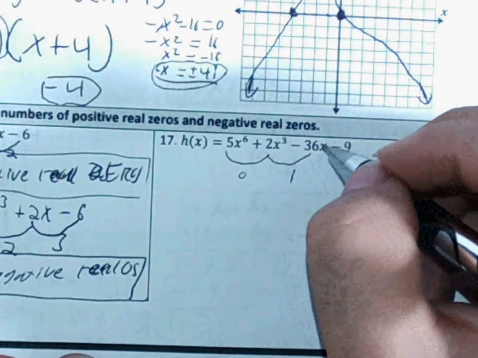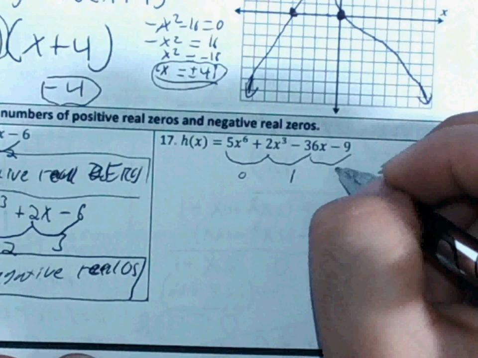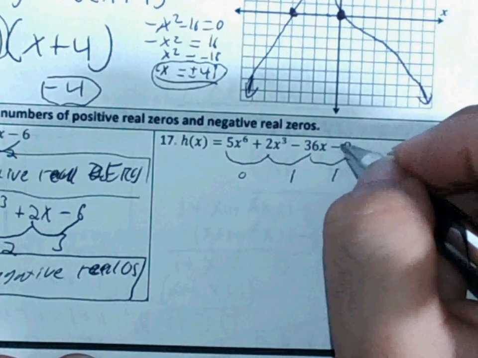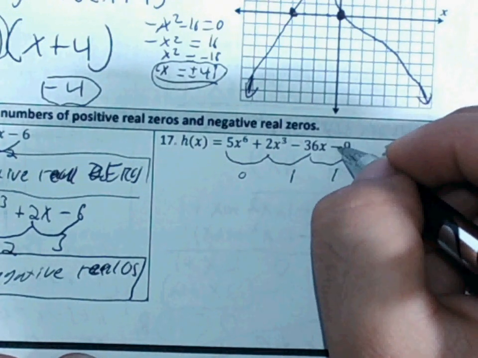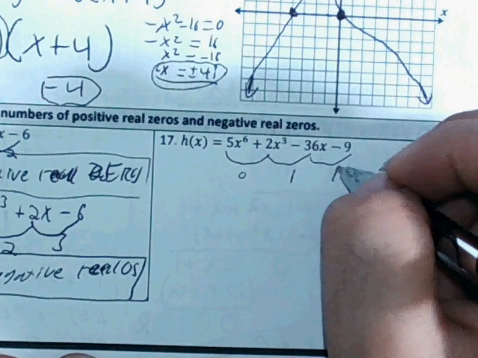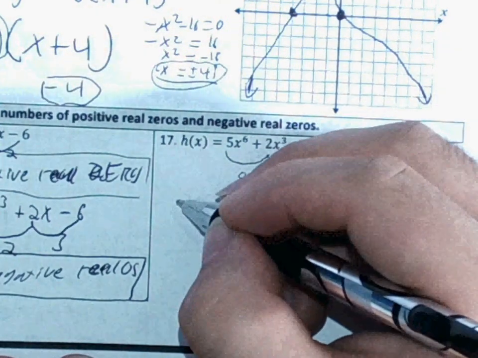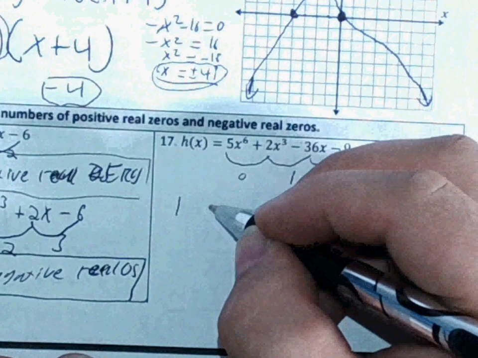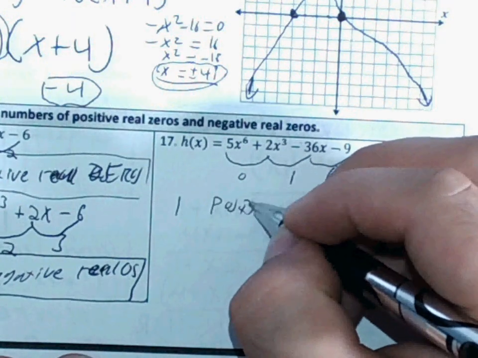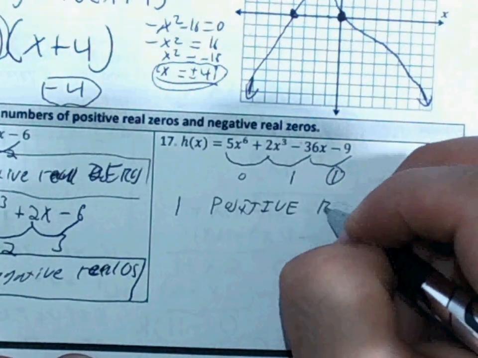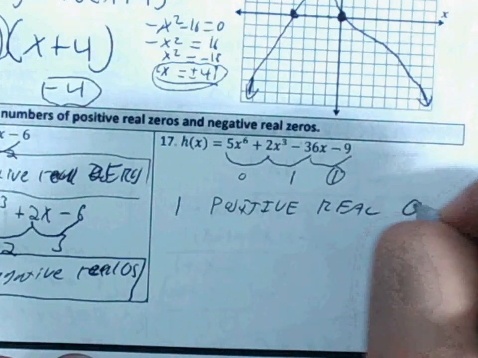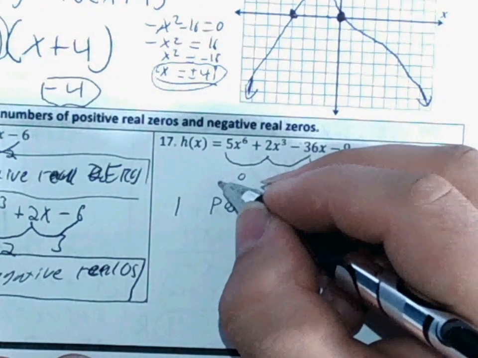Negative 36 and negative 9, no sign changes there. So you still have one sign change. So I have one possible positive real zero.